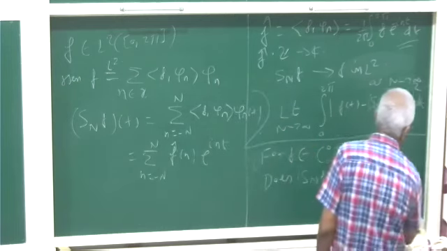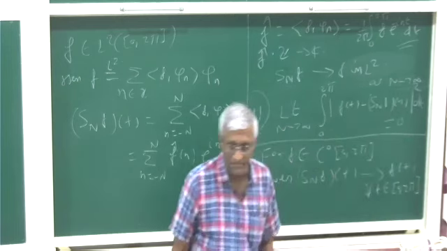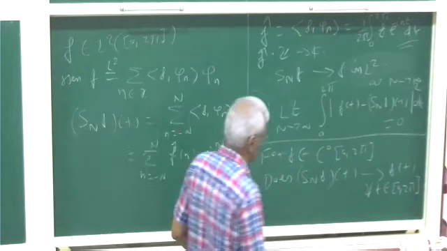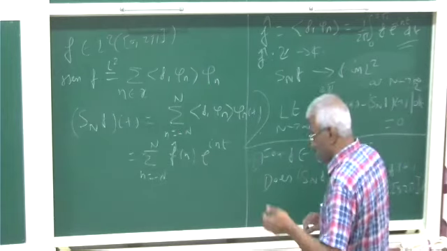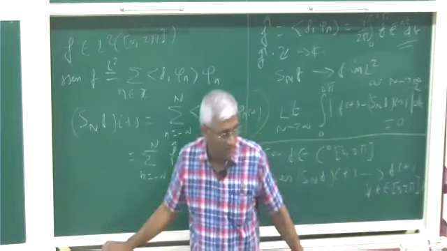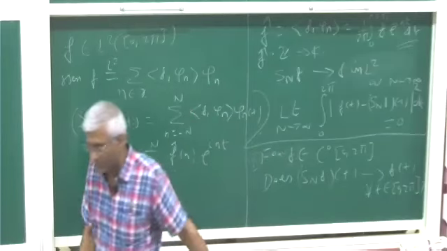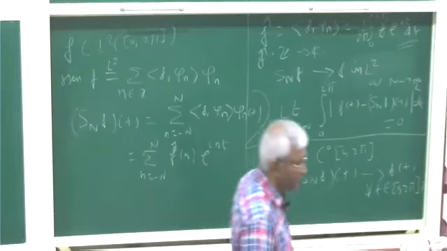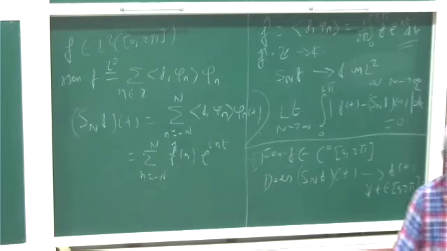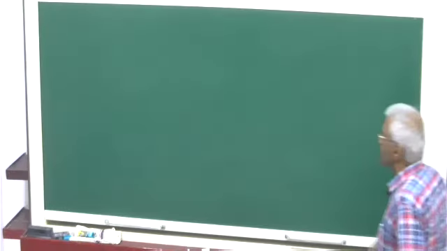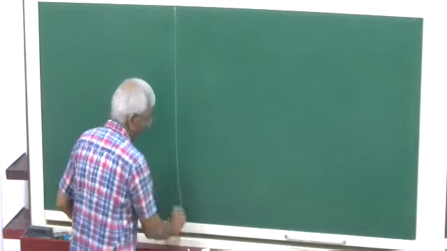But this does not happen, and that's what we will do in this class. You have L2 convergence, but that does not mean pointwise convergence. Pointwise convergence does not happen even for continuous functions.